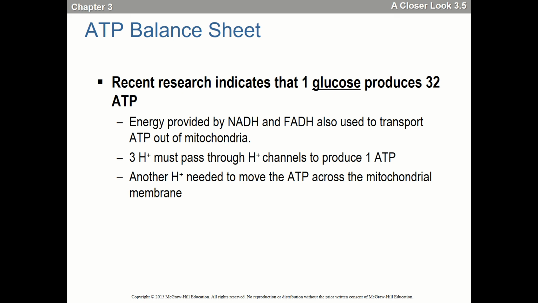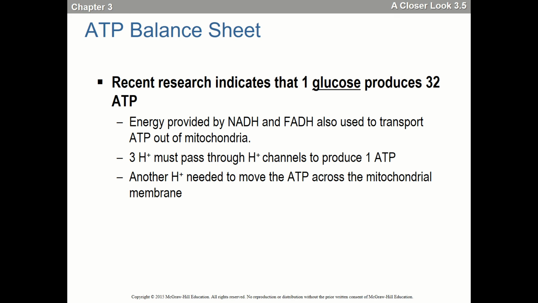Glycogen is already stored within the muscle. So if we start with glycogen and we don't have to lose that 1 ATP, how many ATP would we get if we started from glycogen? 33, yes. So write that down, everybody. 33.